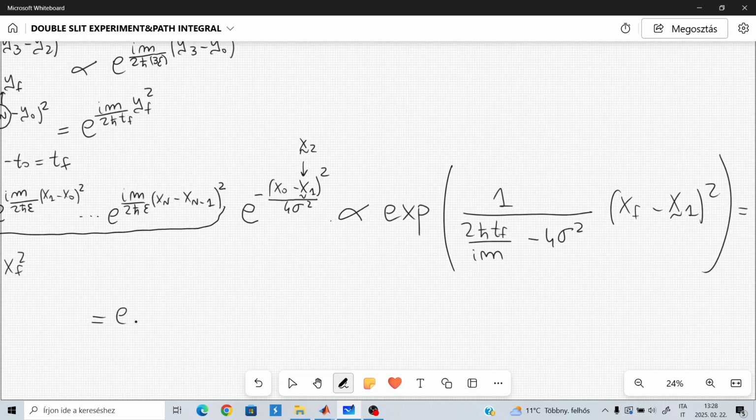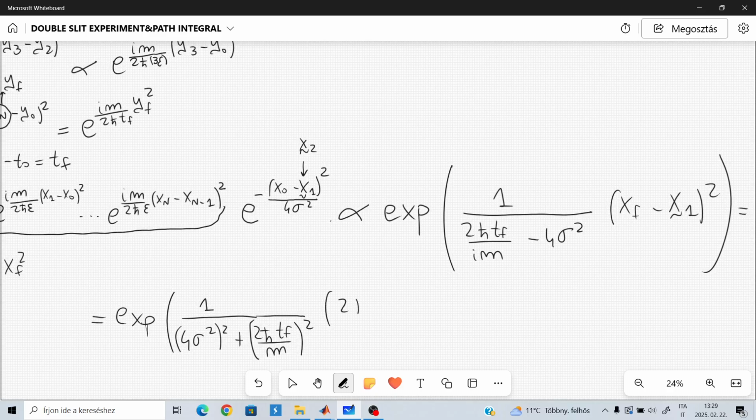We can write it like this, exponential. We can multiply by the complex conjugate of this on the numerator and the denominator. And what we get is something like this. We get 1 over 4 sigma squared plus 2h bar tf over m. And we have to square it.